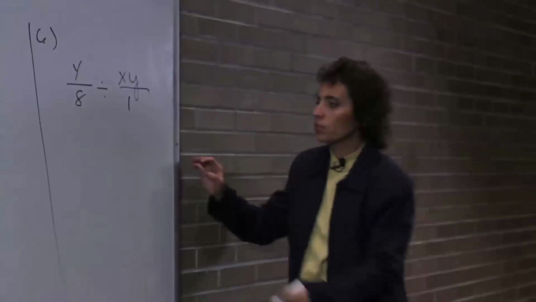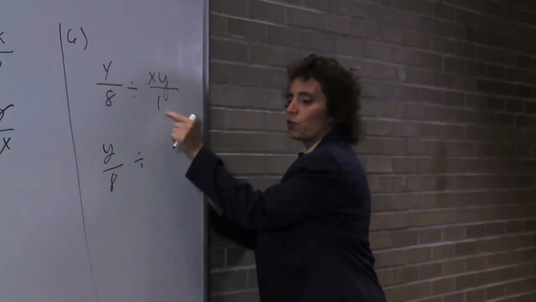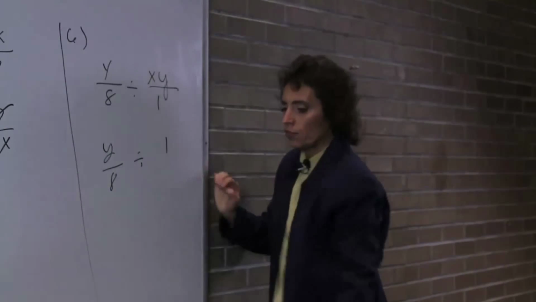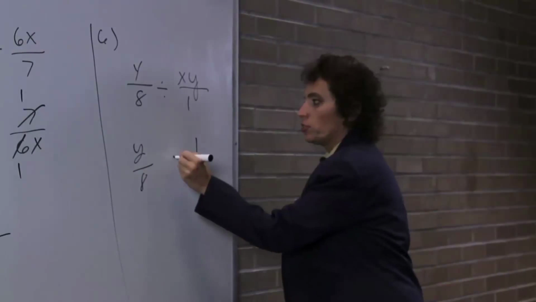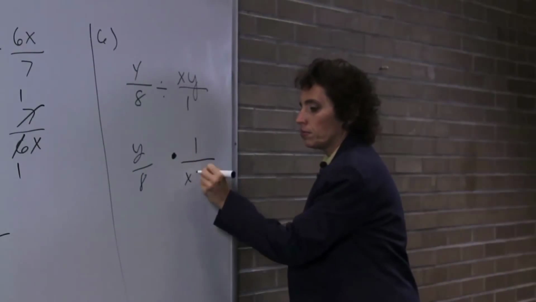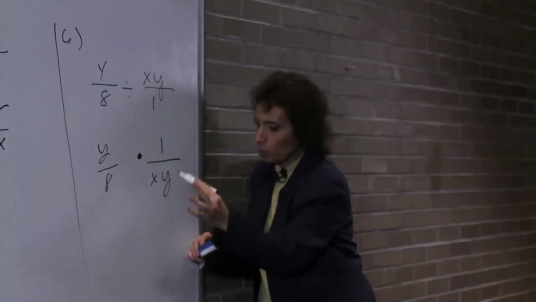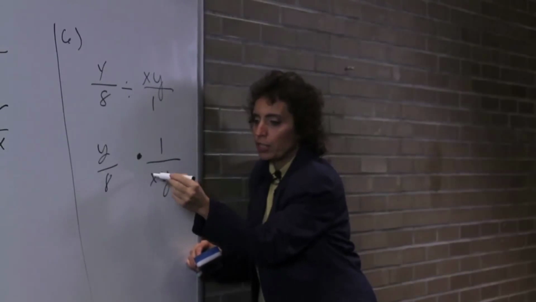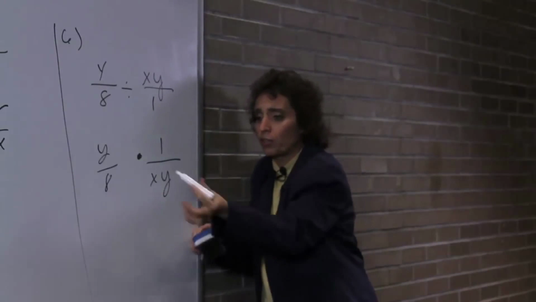Let's look at this. Y over 8 divided by, I put this over 1, so it'll be a fraction. I'm going to flip it because I need the reciprocal. Oh, forgot to change it to times. Let's change that to times, multiplication. Now, this is absolutely up to you. You might want to reduce here. You might not want to. Remember, I can reduce a numerator with a denominator. There's not a lot of stuff going on here, so maybe I'd reduce.